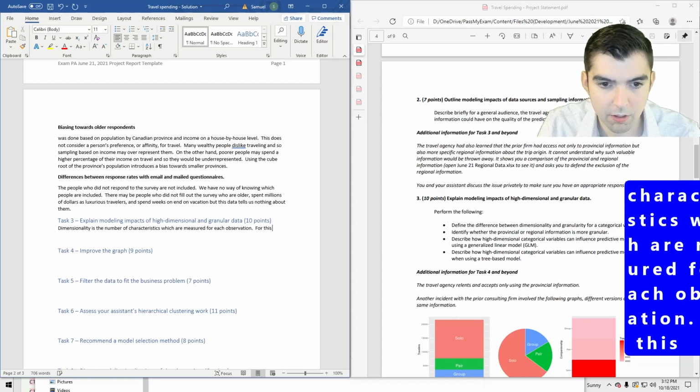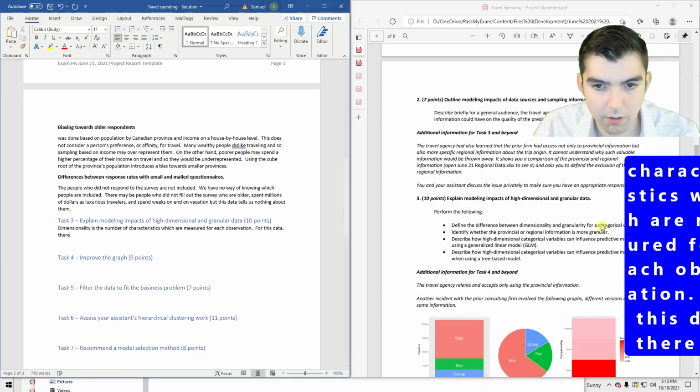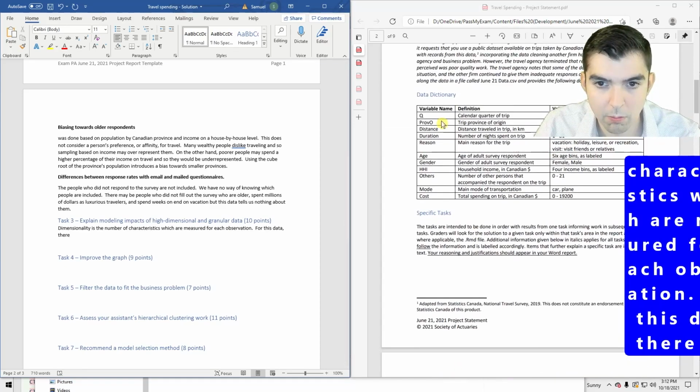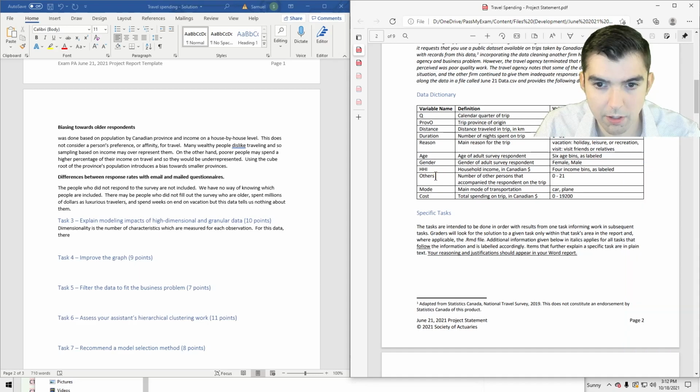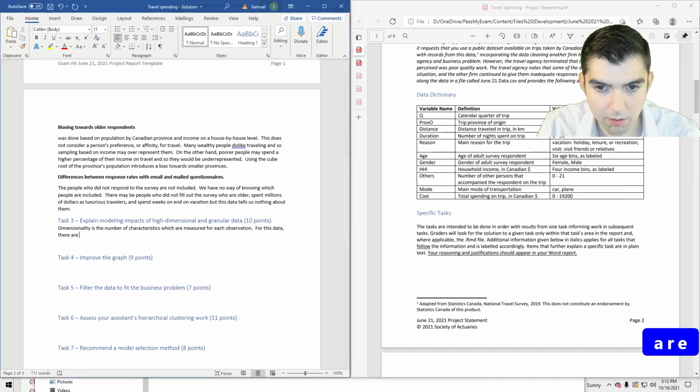For this data, there are 1, 2, 3, 4, 5, 6, 7, 8, 9, 10, 11 dimensions.